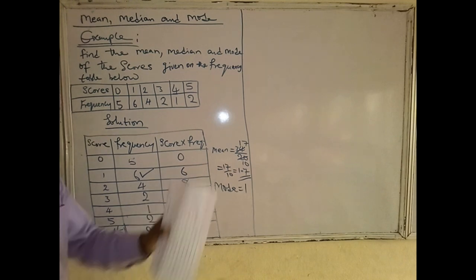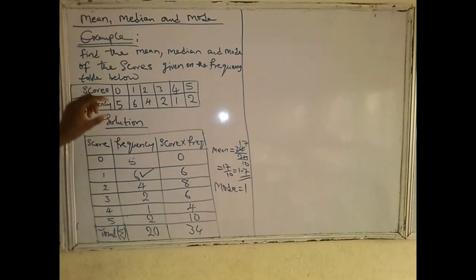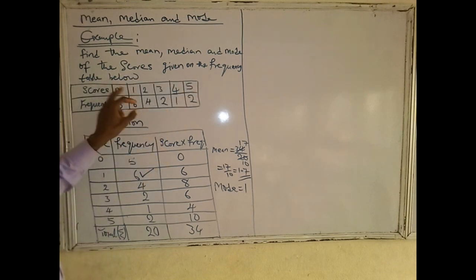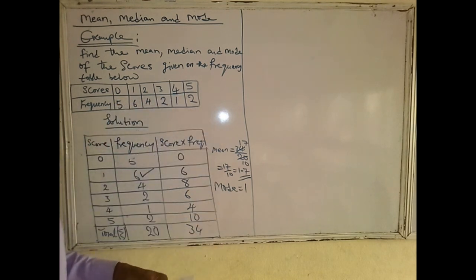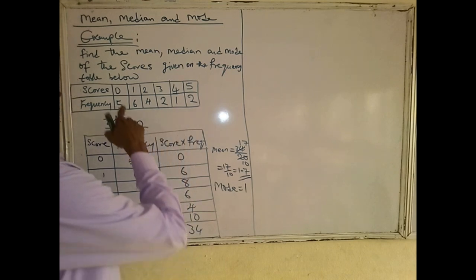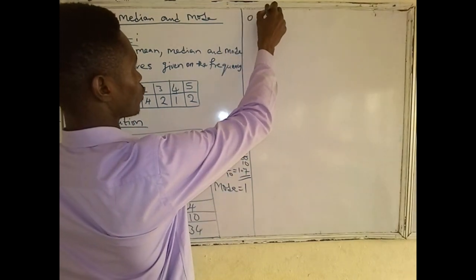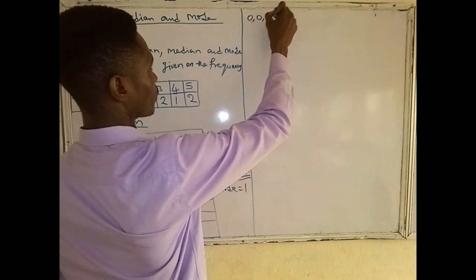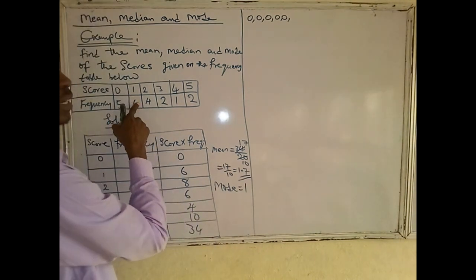Now for the median, what we do first of all is to arrange the scores in ascending order. It's already in ascending order, but we have to arrange it based on the number of times they appear in the frequency. So for 0 it appears 5 times. So this is 1, 2, 3, 4, 5. 1 appears 6 times.